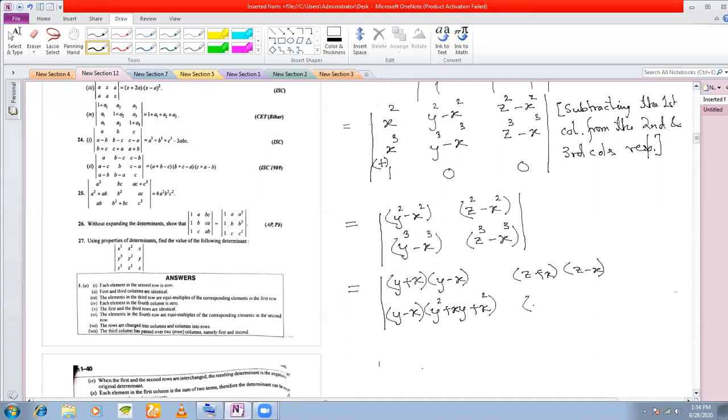And this is a minus b into a square plus ab plus b square. Right? You can write here your reason: expanding by the third row.